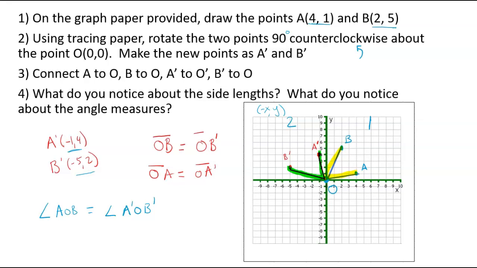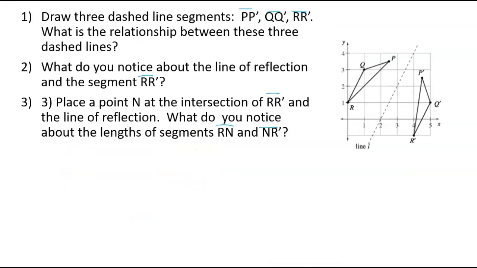Okay, so let's take a look at another problem. I want you to find this picture on your resource page. The first thing I want you to do is draw 3 dashed line segments. If you don't draw them dashed, it's not a big deal. Basically I'm connecting my P to my P prime. So what I'm trying to do is go down and then over.